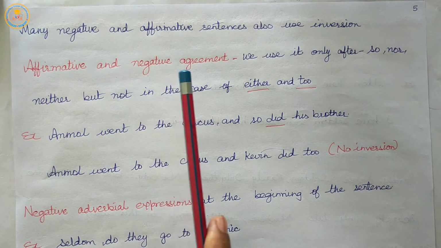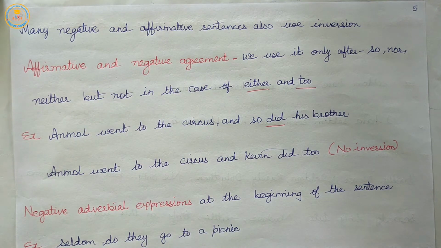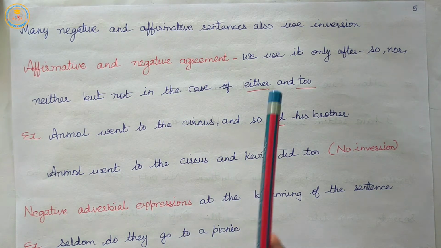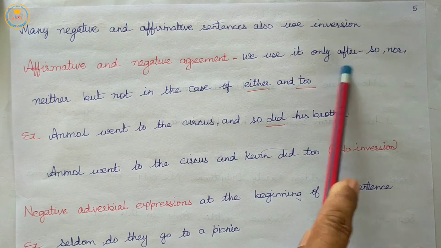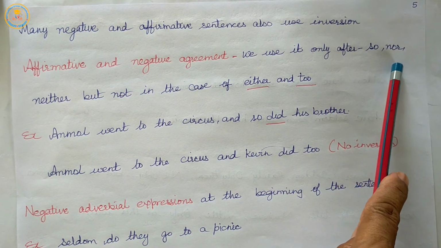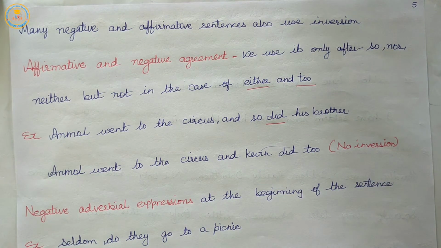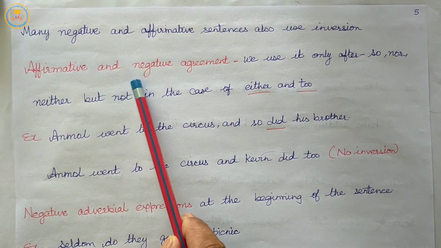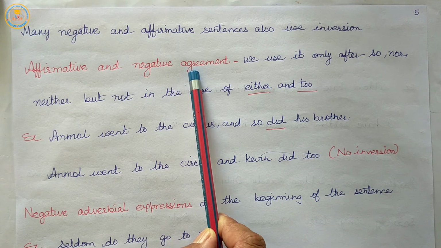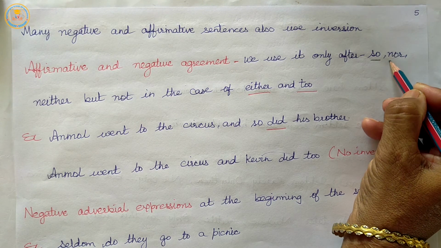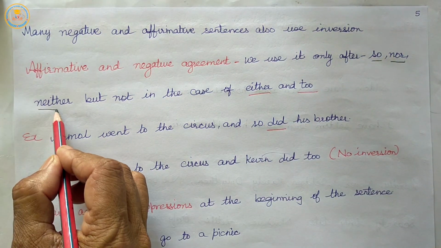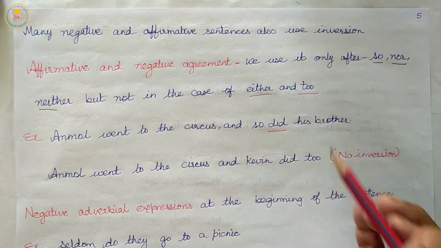Affirmative and negative agreement: in it we use inversion only after so, nor, neither, but not in the case of either and too.